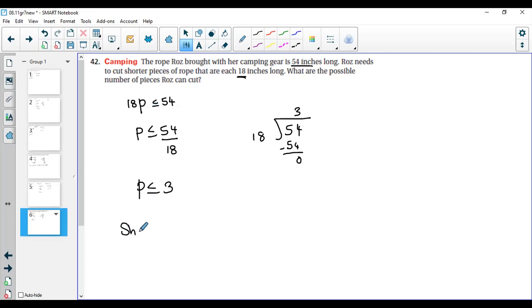She can cut 3 pieces, 2 pieces, or 1 piece of rope.